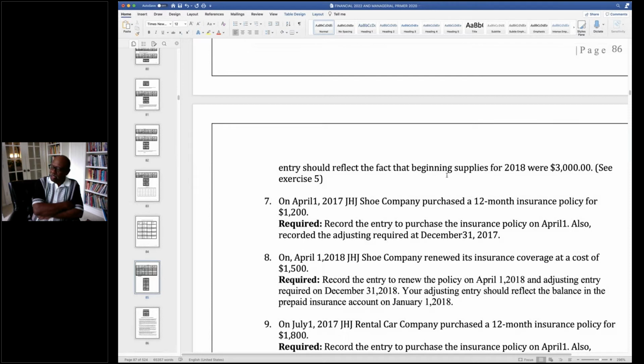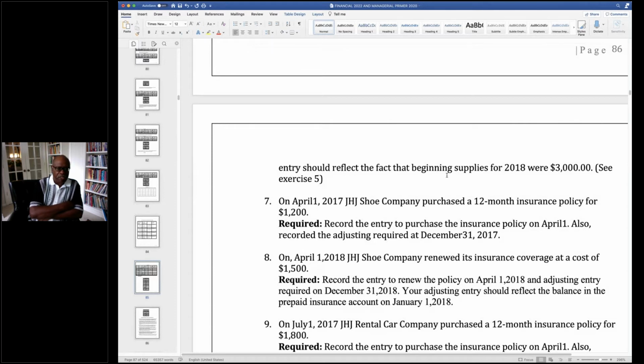Let me ask you this. If you got a cell phone and you pay $100 a month from April 1, 2017 to 2018, then in 2018, when April rolls around, they up it to $1,500 a year.